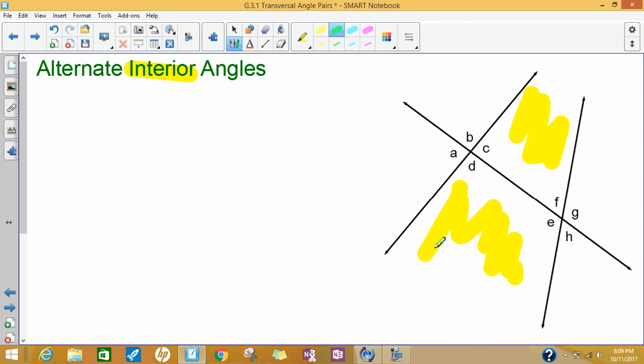So I'm interior between the two lines. My alternate interior angles are D and F. Then the opposite side of the transversal and the opposite group of four angles. C and E are also alternate interior because they're between the two lines. They're on opposite sides of the transversal and then the opposite group of angles. So I have two pairs of alternate interior.